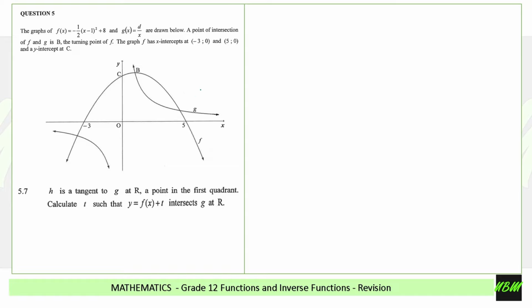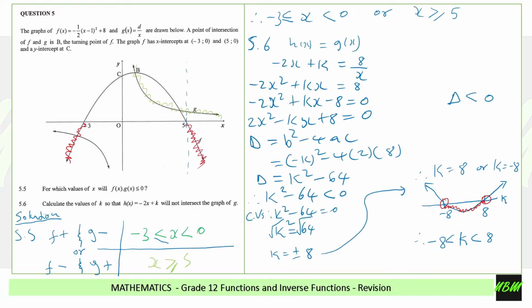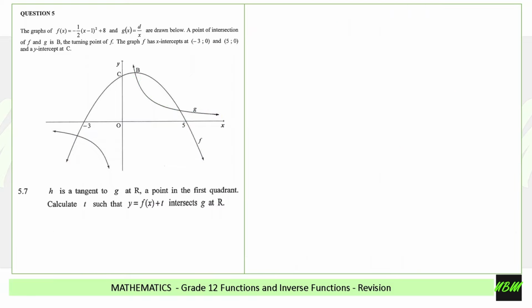So we know that there is a point in the first quadrant, which is point r on the graph of g, our hyperbola. And then h, which we are given in question 5.6, h of x equals minus 2x plus k, is a tangent at r.